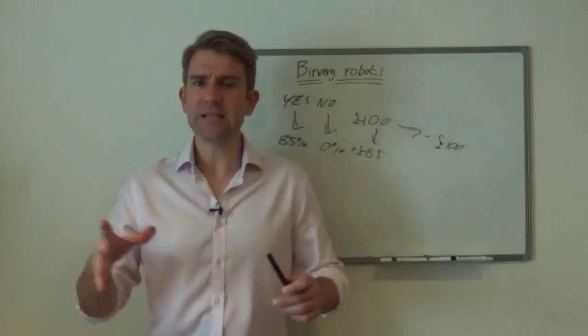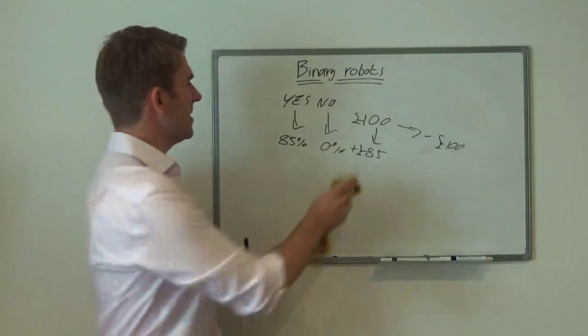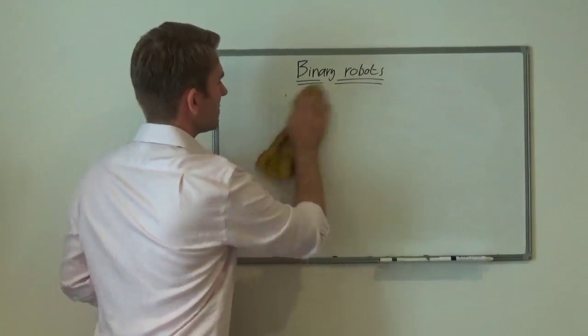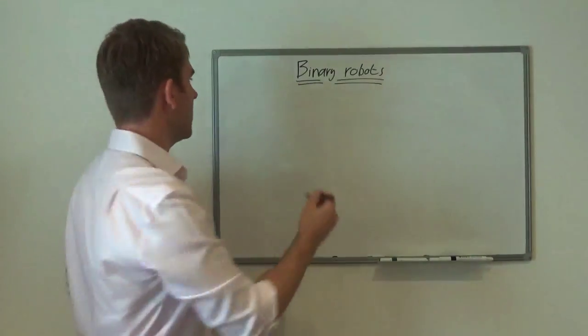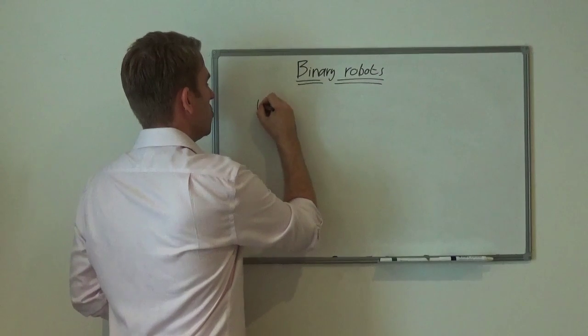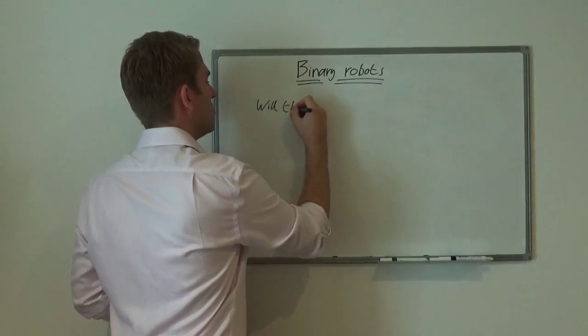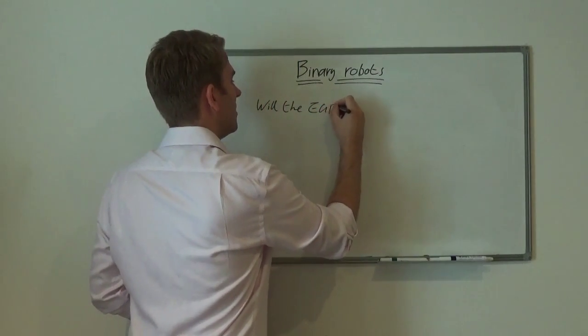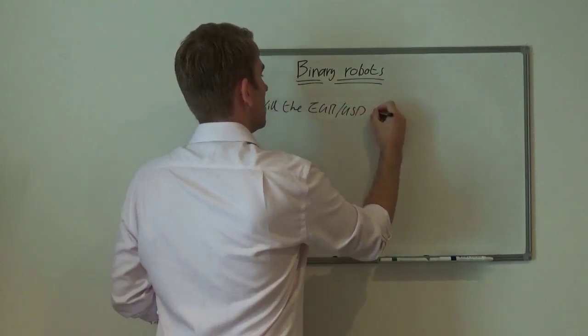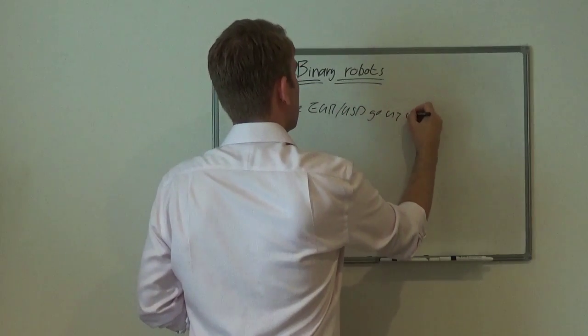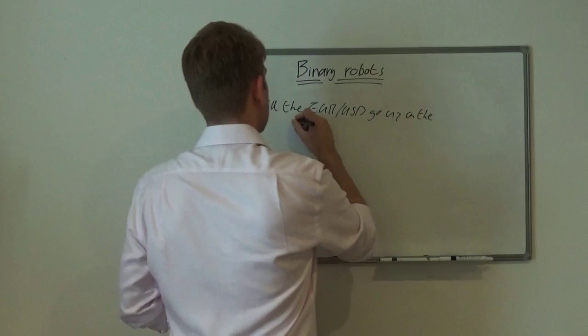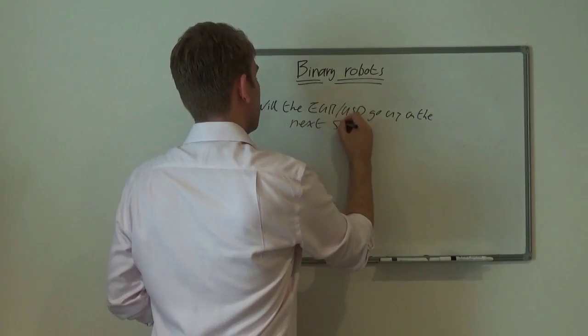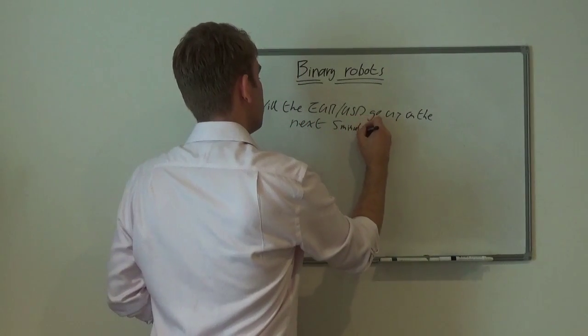So what are the sort of things that you're right or wrong about? They'll be structured like this, and they'll basically say, will the euro, let's say euro US dollar, go up in the next 5 minutes?